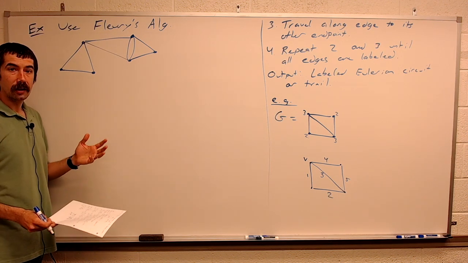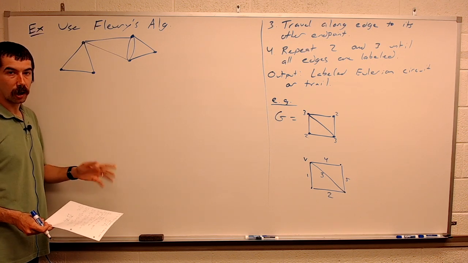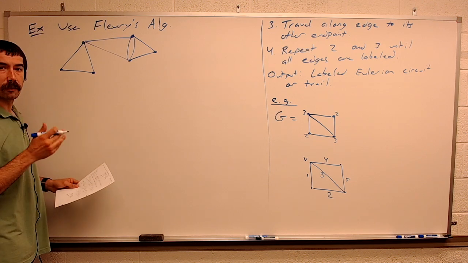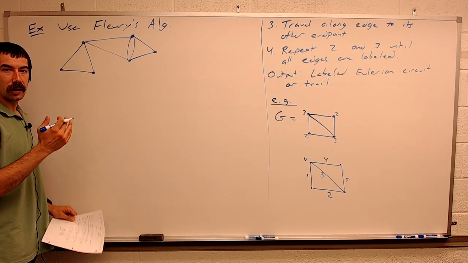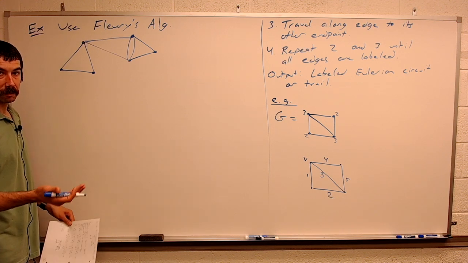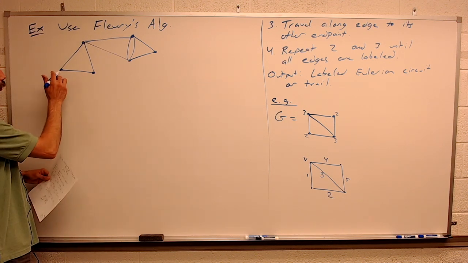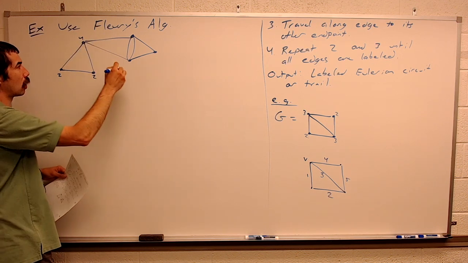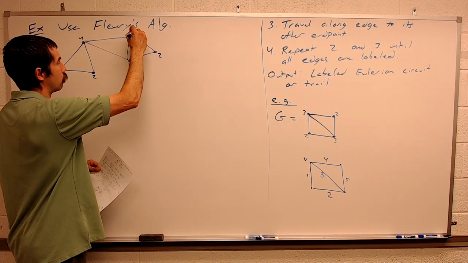Okay, so go ahead, try this on your own. So pause it and then come back after you've tried it. All right, so the first thing we need to do is check, do we have 0 odd vertices, 2 odd vertices, or maybe more? So the degree here is 2, 2, 4, 4, 2, and 4.